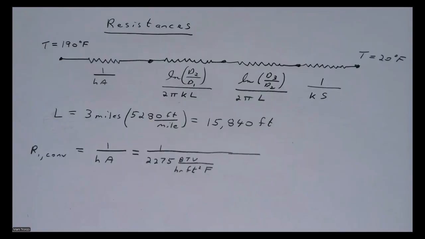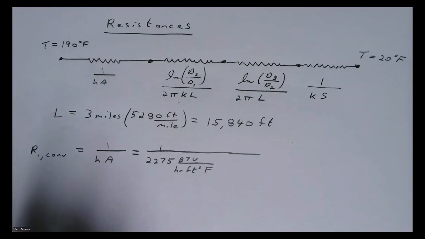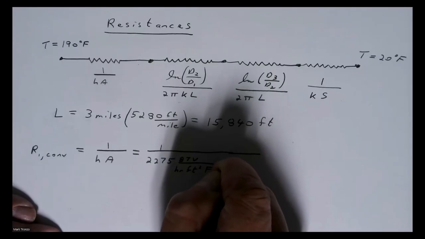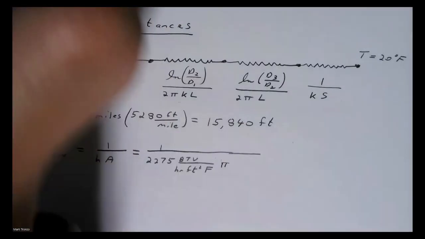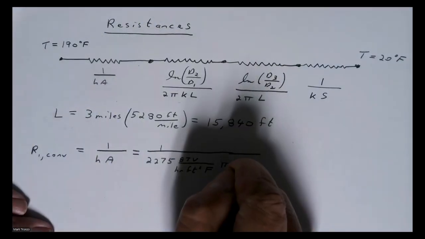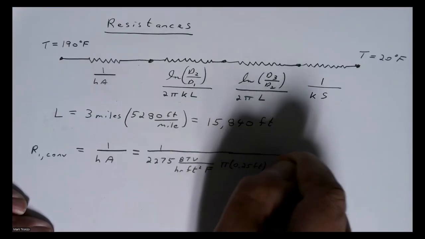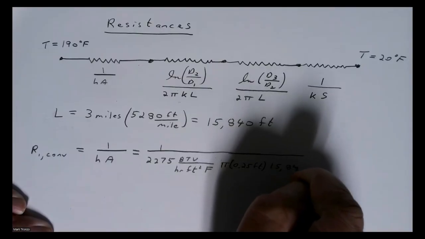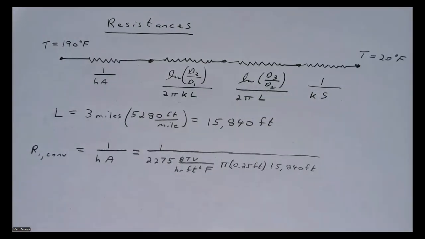Now we want the area, which is the circumferential area times the length. The circumference is simply pi d, where that diameter is 0.25, times the length.